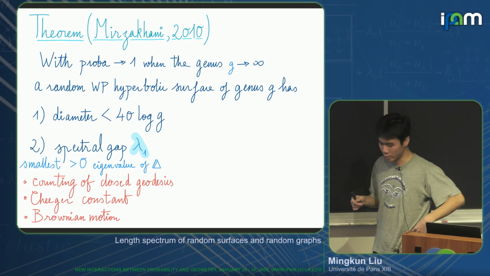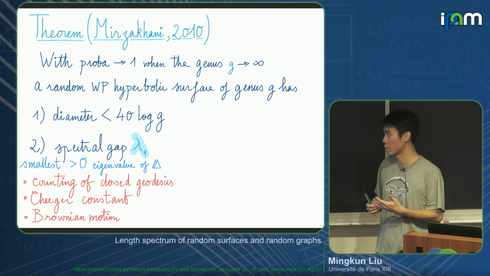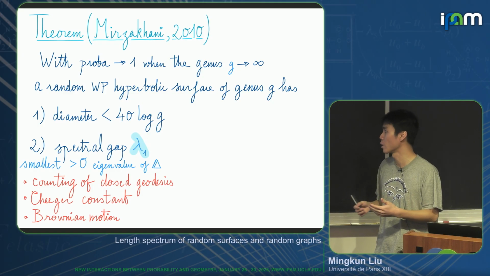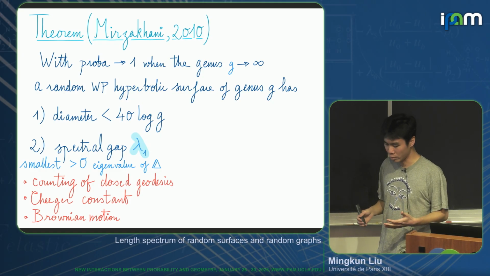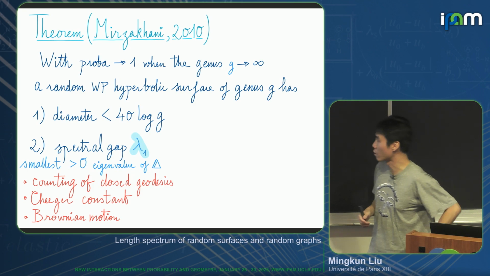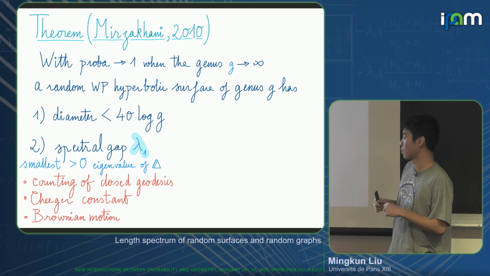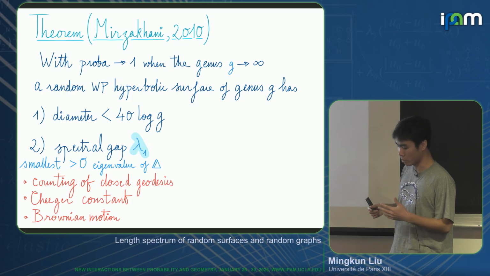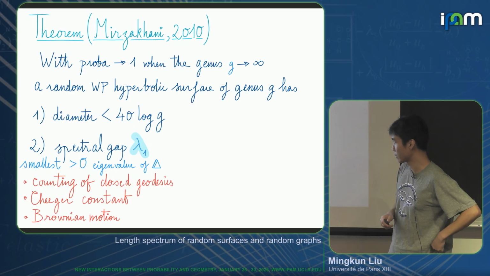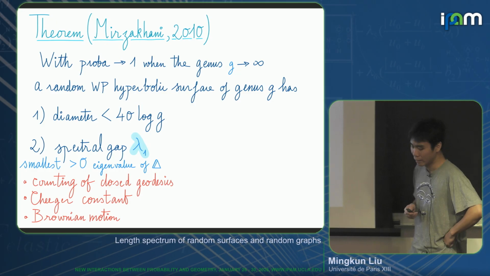It's closely related to the geometry and the dynamics of this surface, and it's essentially something about diffusion, as it controls, for example, the counting of closed geodesics, the Cheeger constant, which measures how well connected the surface is, and also the rate of Brownian motion.